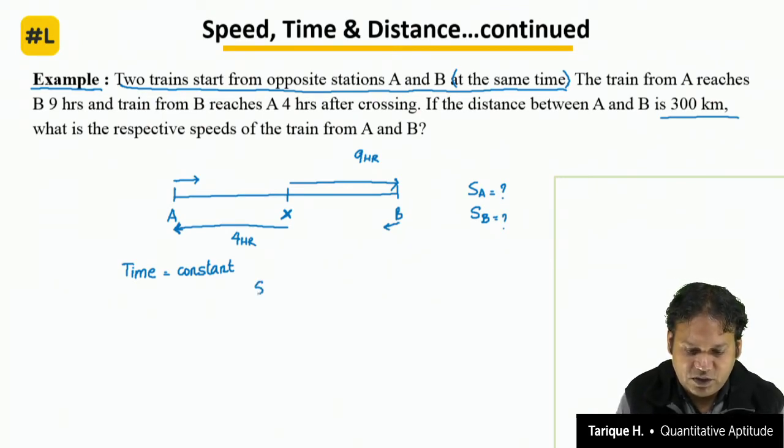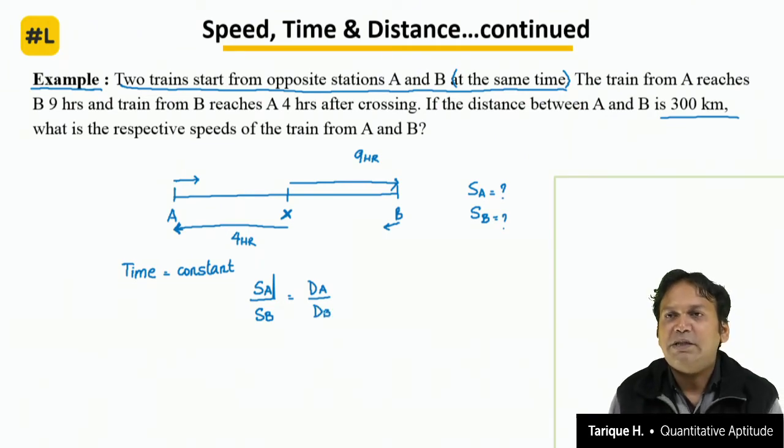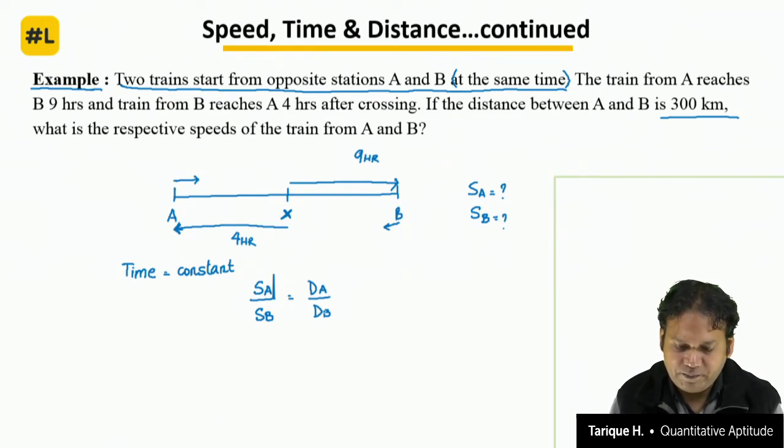So let us say speed of A upon speed of B is equal to distance covered by A upon distance covered by B. We do not know what is the speed of A, we do not know what is the speed of B, right.